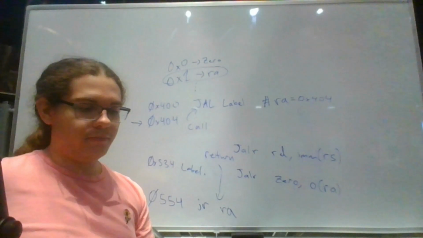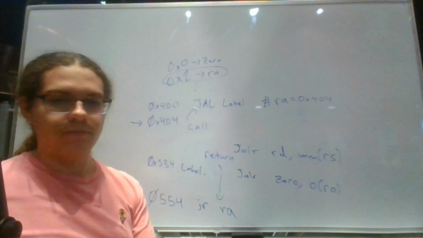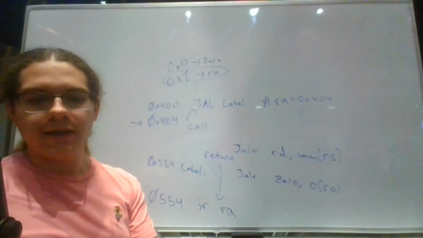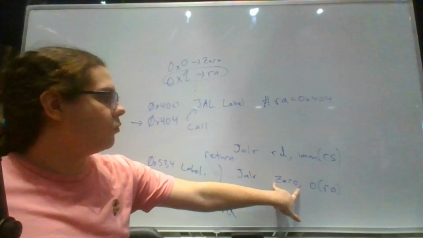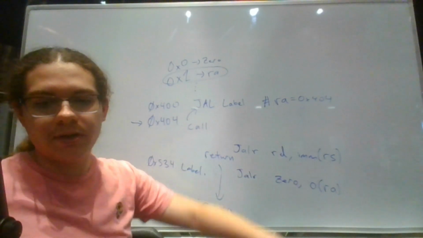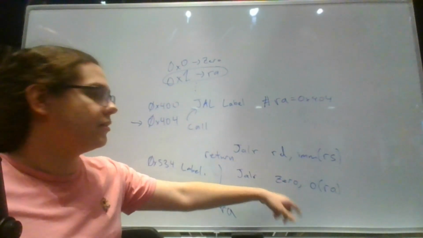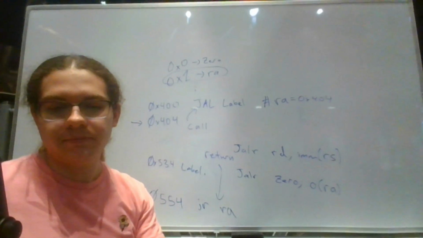Okay. Now, can you guess what this part's going to do? Because here I put the 0 register. I could actually put something else here. Could you guess what that's doing?